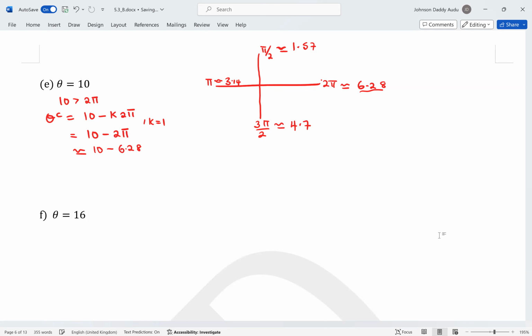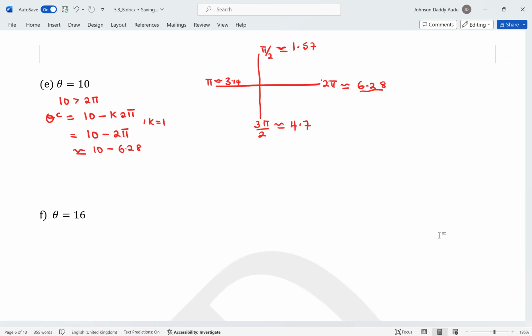Because we're using approximate values of pi, right? So this is 6.28. So now if you subtract 6.28 from 10, we will have about 3.72, right?